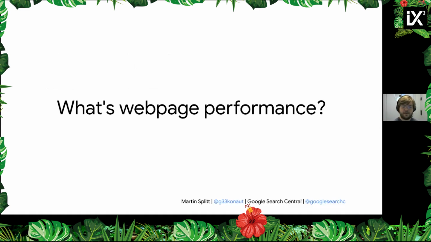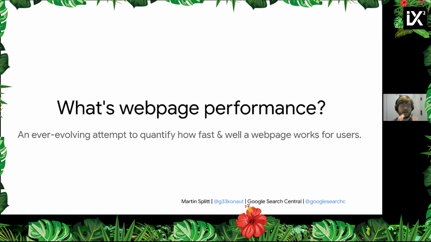And this is where things are getting tricky, because what we are trying to explain or quantify, so put numbers to, is something that is ridiculously subjective and ridiculously dependent on the nature of the website that you're looking at. Or what we're trying to figure out is how fast is a website for the user, and how well does it work for the user.